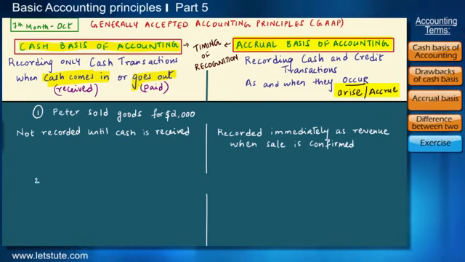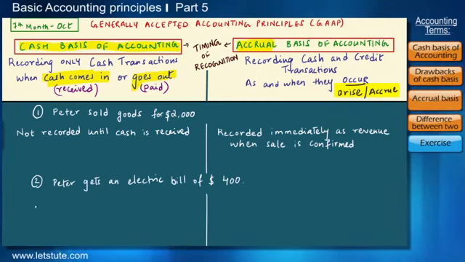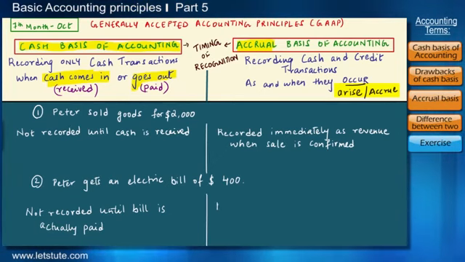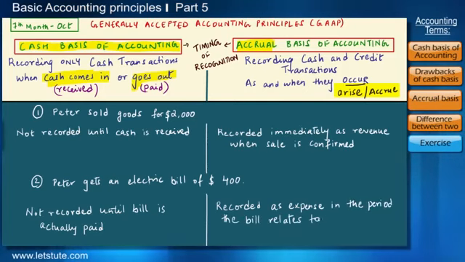The same thing applies for expenses. If you get an electric bill for $400, under the cash method, the amount is not added to books until you actually pay the bill. However, under the accrual method, the $400 is recorded as an expense in the period the expense relates to or when you utilize its services.